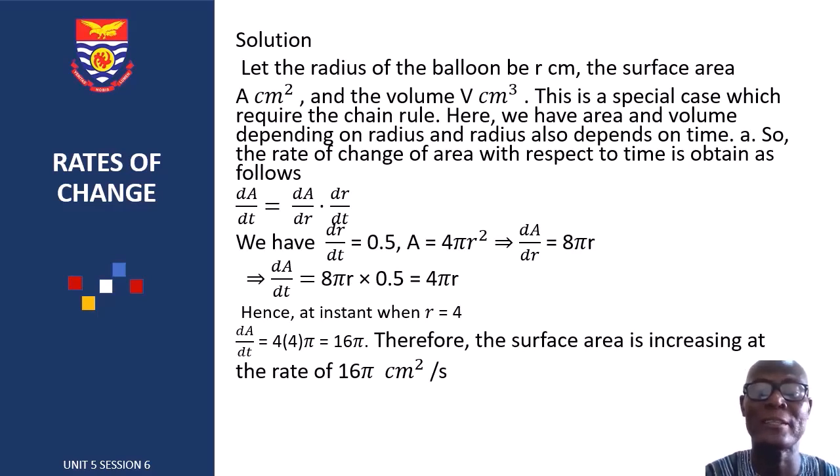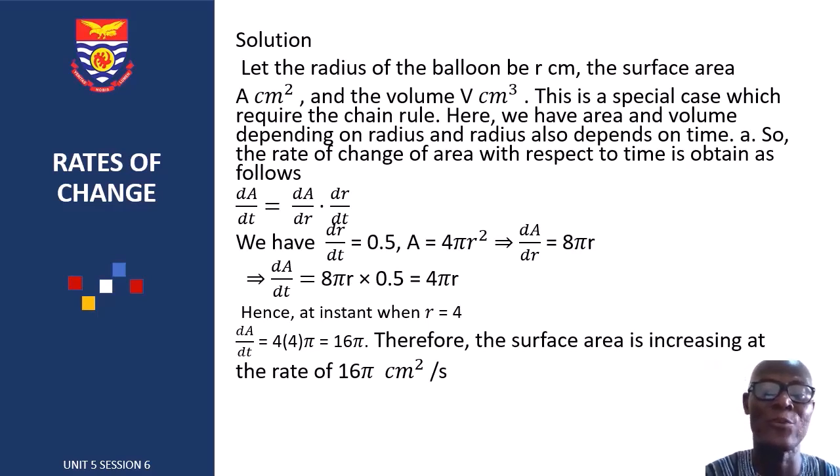Now, putting dr over dt and dA over dr into the chain rule formula, we have dA over dt equal to 8 pi r times 0.5, which gives 4 pi r.